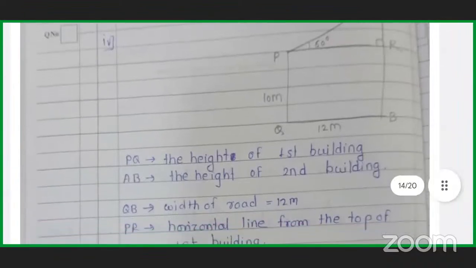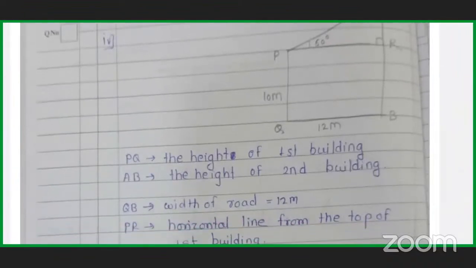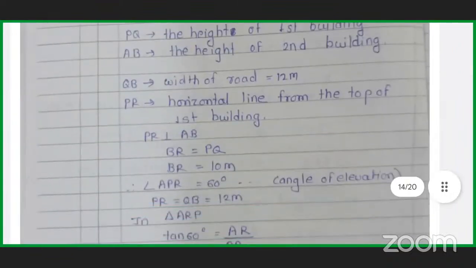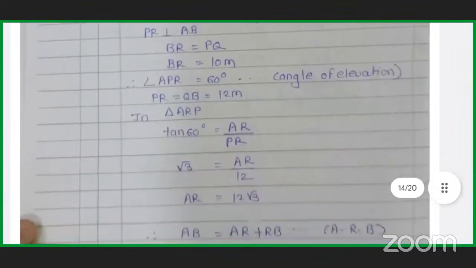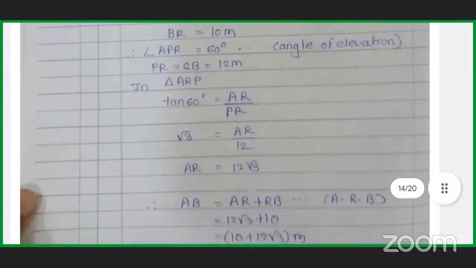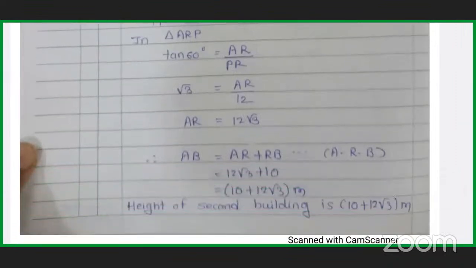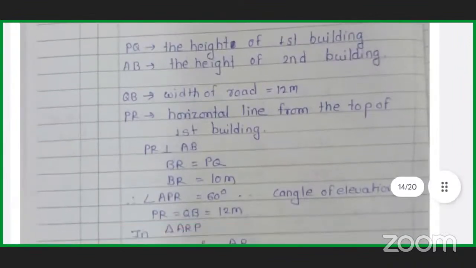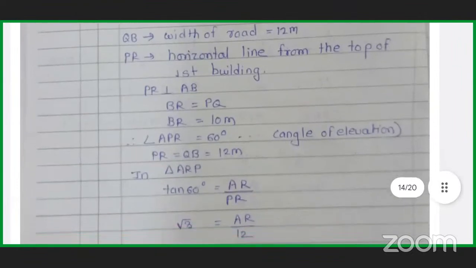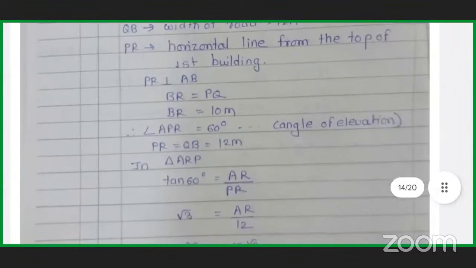And if QB is 12 meters, we will also get the PR value, that is 12 meters. So PR is perpendicular to AB. So PR is equal to BQ. BR is equal to 10 meters. Sorry, BR is 15 meters.